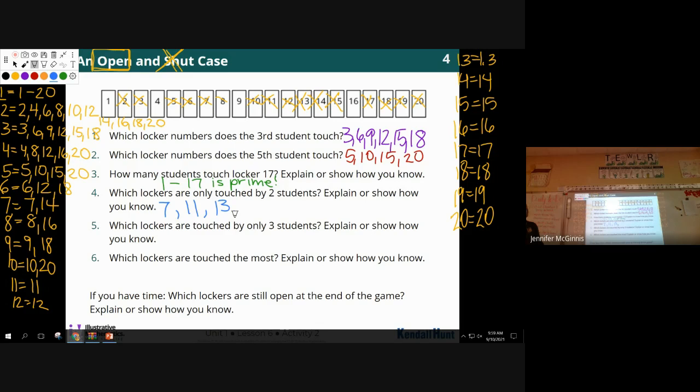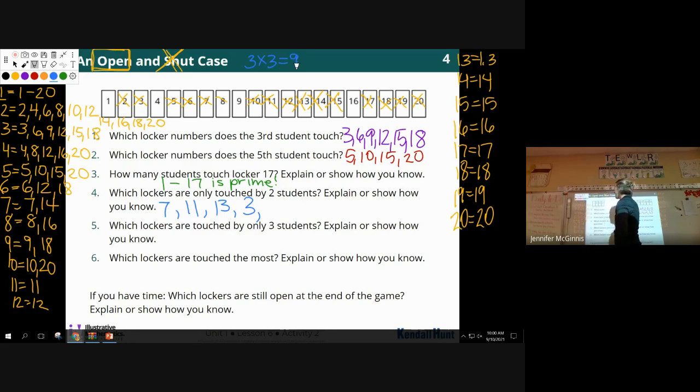Interesting. Jake says we missed one, and he's right. We missed the number 3. Why does that work? Why is that like that? Two can't touch 3 because it goes 2, 4, and 6.